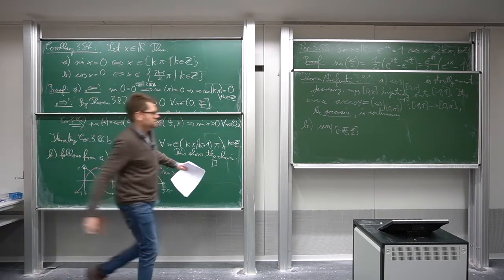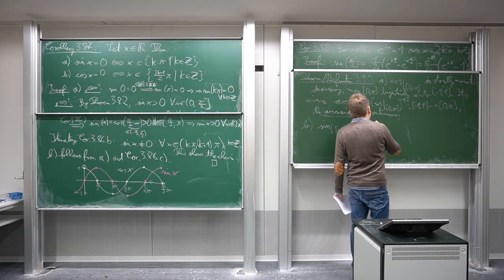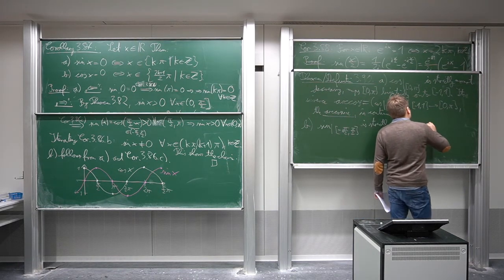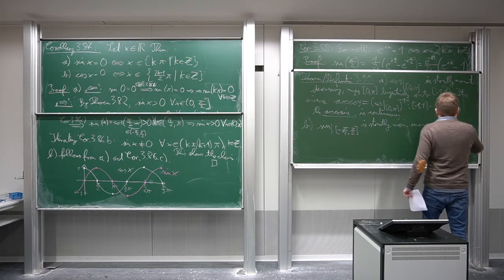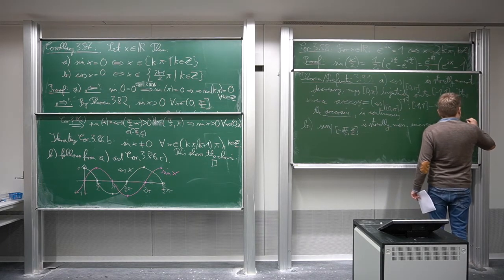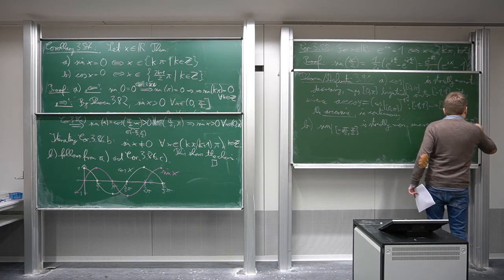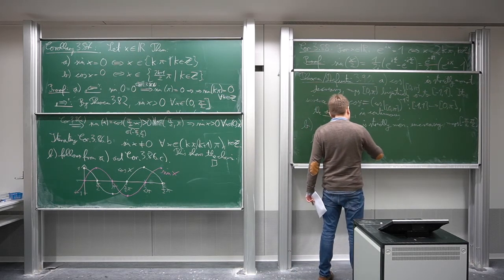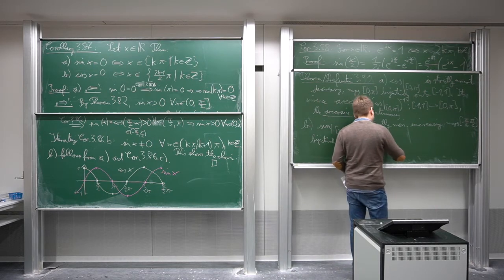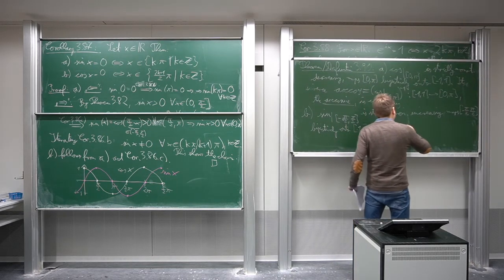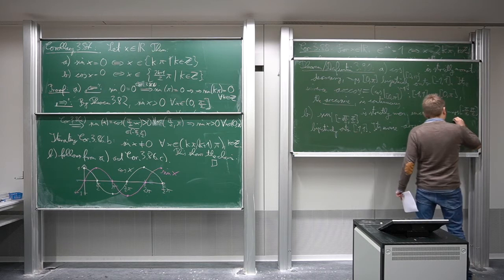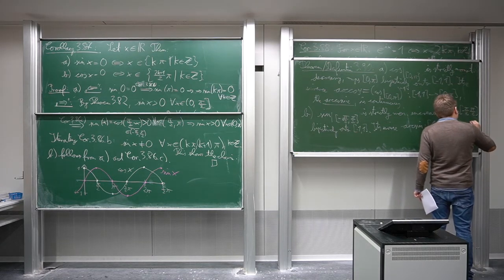And as I've already indicated by drawing it, this is strictly monotonically increasing, and maps this interval minus pi over 2 to pi over 2 bijectively onto minus 1, 1, and its inverse, which is now written arcsine from minus 1, 1 to minus pi over 2 to pi over 2.